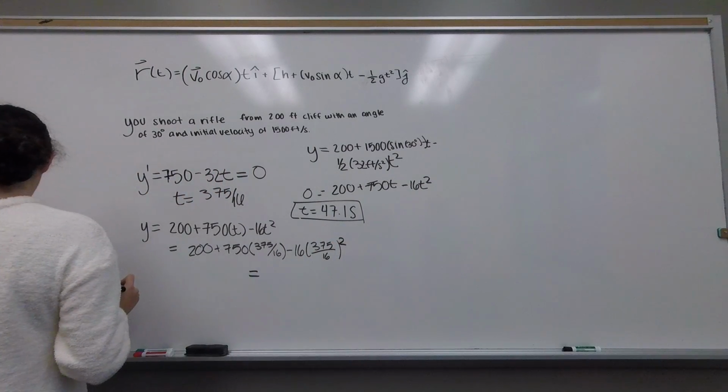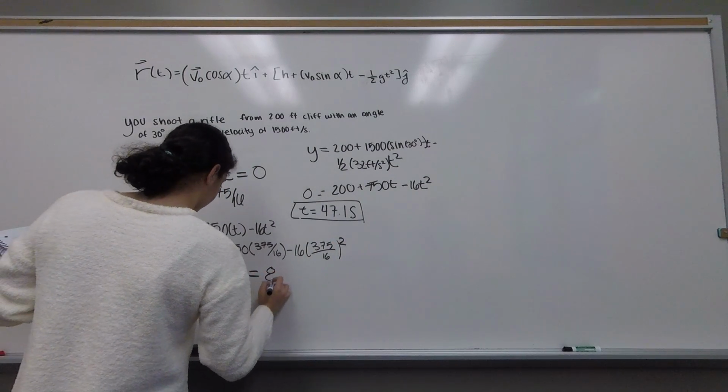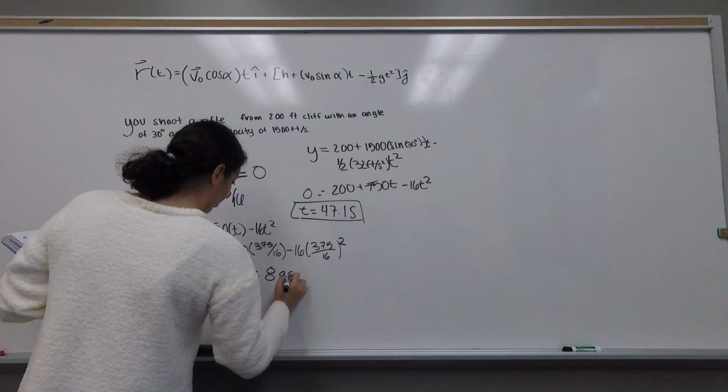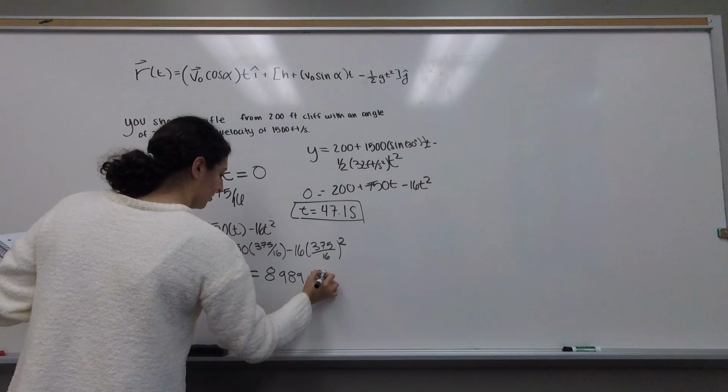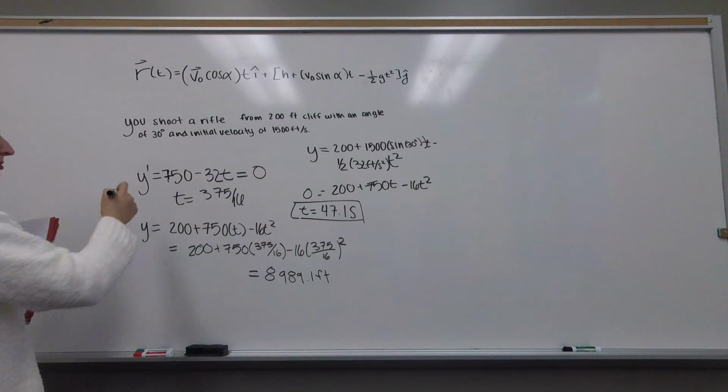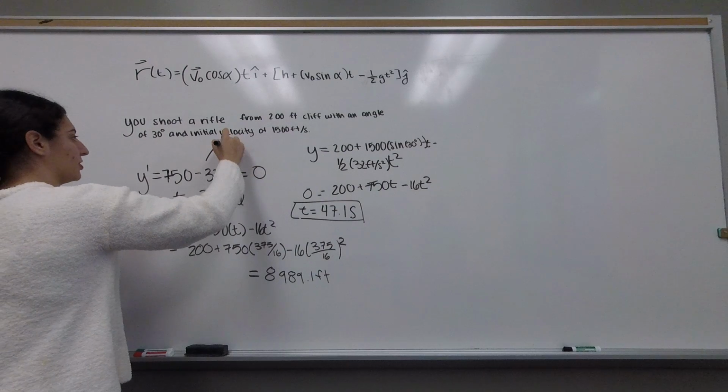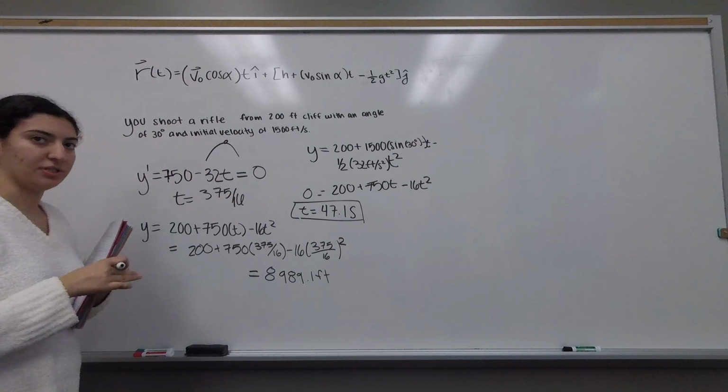And we get a max height of 8,989.1 feet. That is the max height the bullet reached before it started falling down towards the earth.